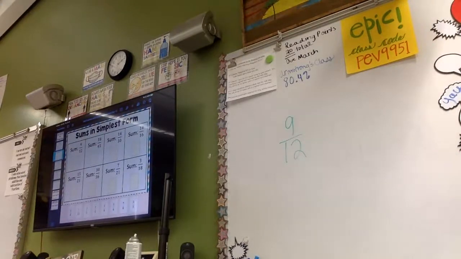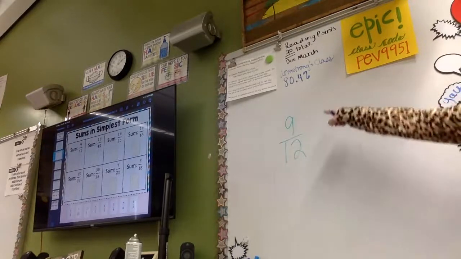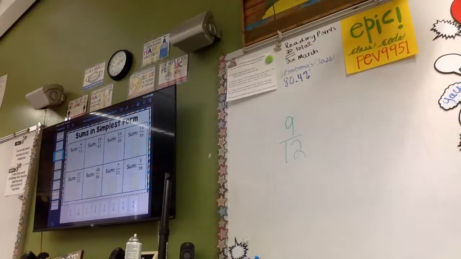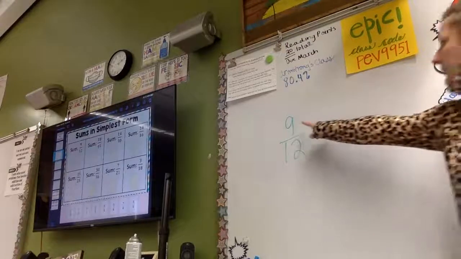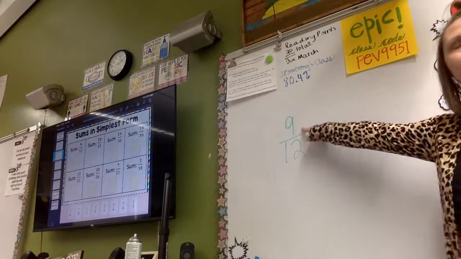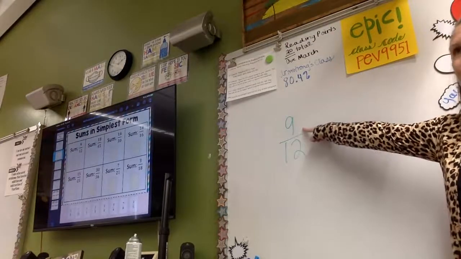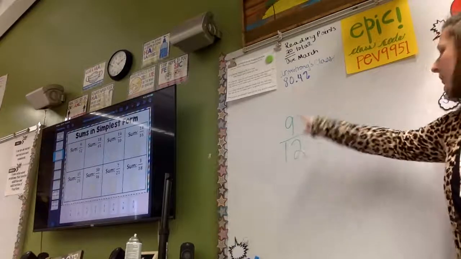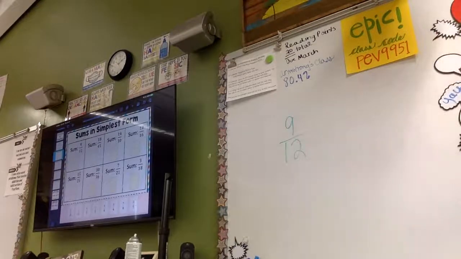Is there a number that will go into both of these numbers, both 9 and 12? 3, right? Because 3 times what is 9? 3 times what is 12? So I know that 3 goes into both of those numbers.